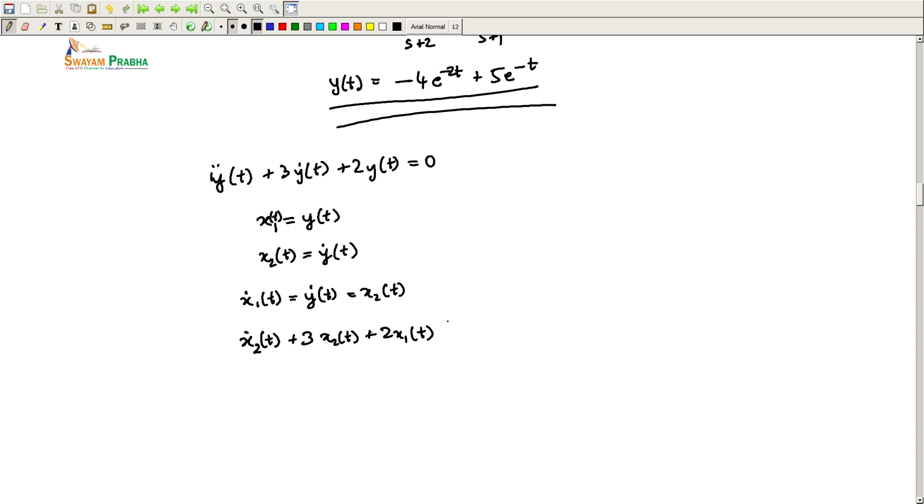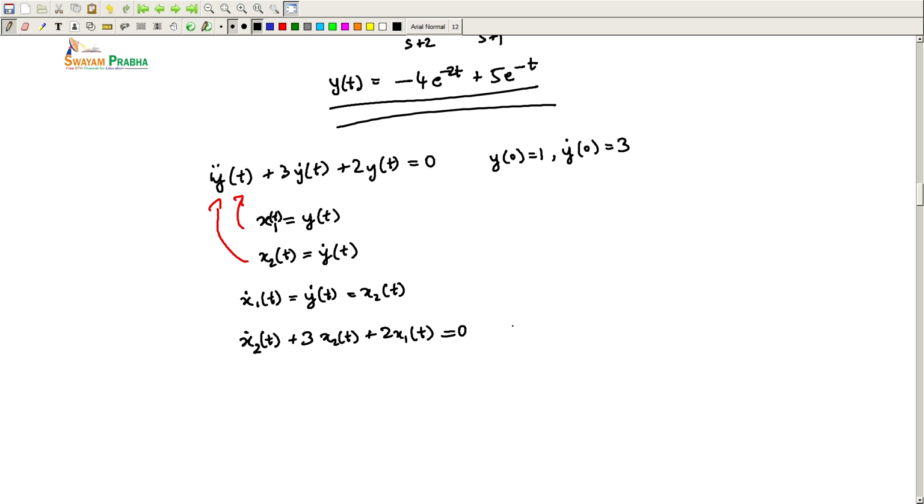What we are doing here is substituting these two definitions in this particular equation. Based on that we get it equal to 0, and our initial conditions were y of 0 equal to 1 and y dot of 0 equal to 3.